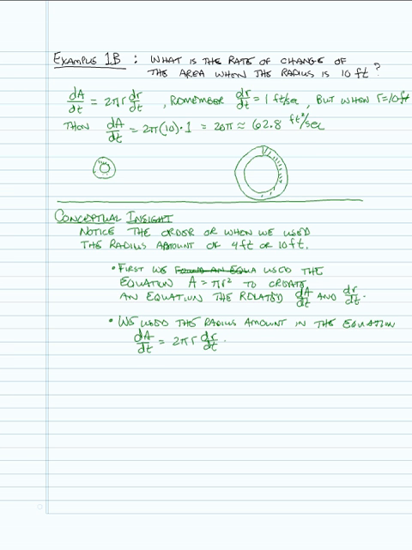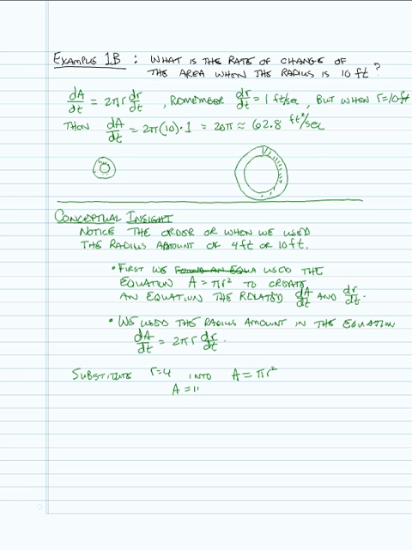And the reason for that is it's important that we do it in that order, because otherwise we wouldn't come up with a meaningful result. And here's what I mean by that. If we substitute r equal 4 into the original equation, A is equal to pi r squared, what would we get?